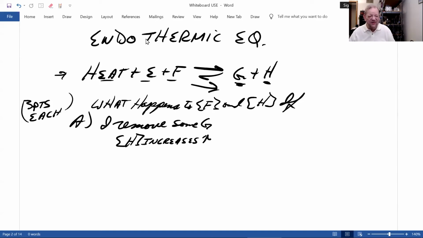Now, if we react E, F, and heat, F is reacting, is consumed. That's what happens in a chemical reaction for a reactant. And therefore, remember, reactants are on the left, products on the right, the amount will decrease. Goes down.